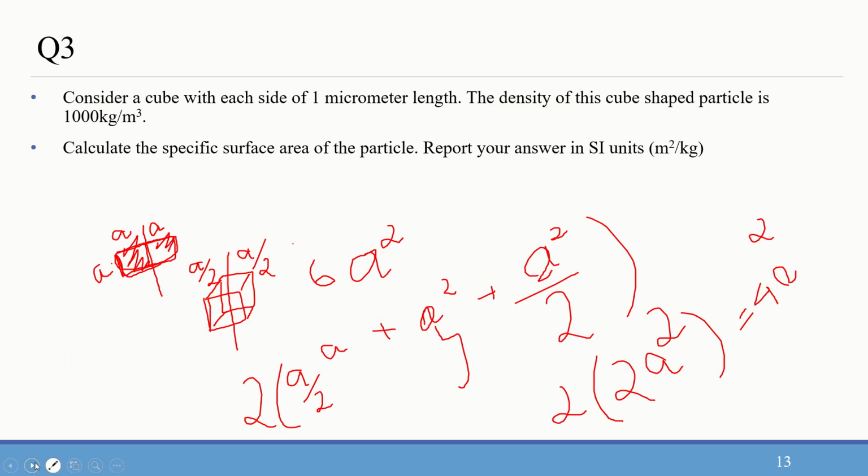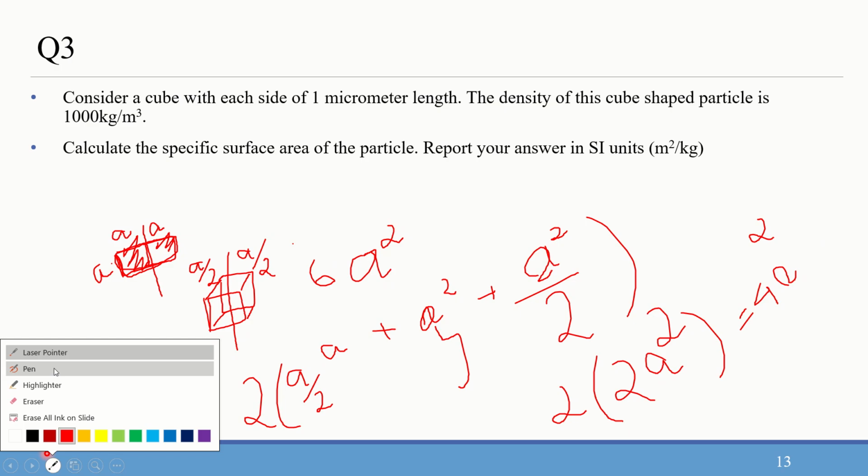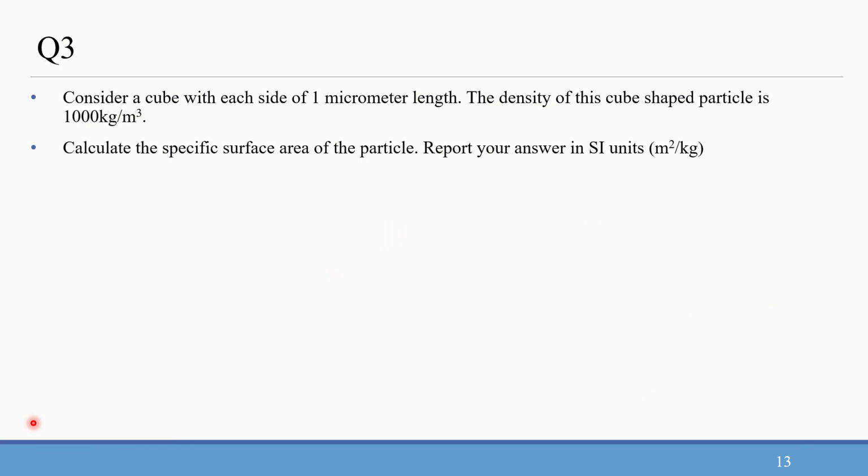So coming back, how to calculate specific surface area? Now we are given a cube, and we are given the side length as well. It is 1 micrometer and its density is given as 1000 kg per meter cube. For specific surface area, what we need is meter square per kg, which basically means surface area per unit mass of the particle.